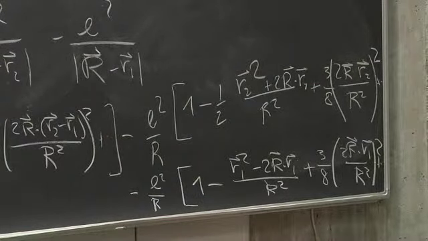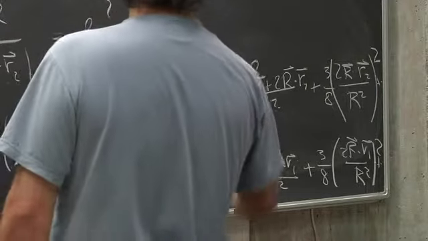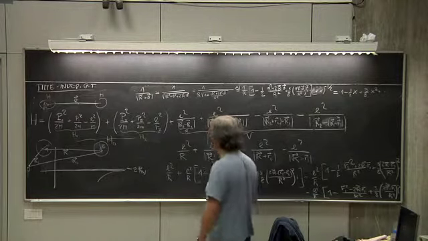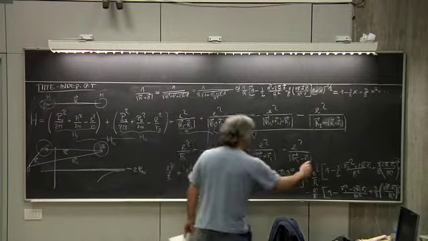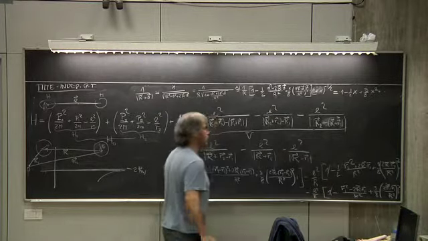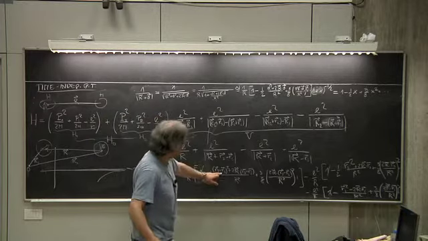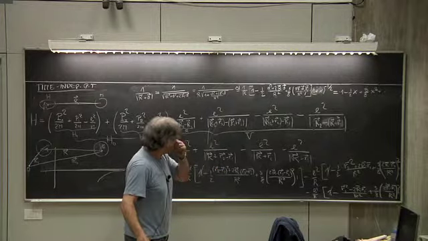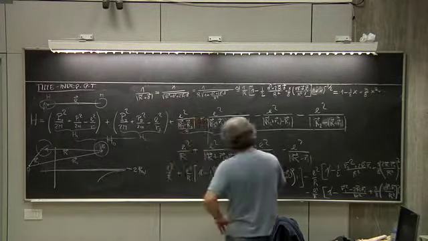And now you see the charges cancel because you have 1 plus 1 minus 1 minus 1. So the 1 over R is not there. You expect this, there's no net charge. So this goes. Now, let us see here. From this term, for instance, you will get, okay, let us first look at this.